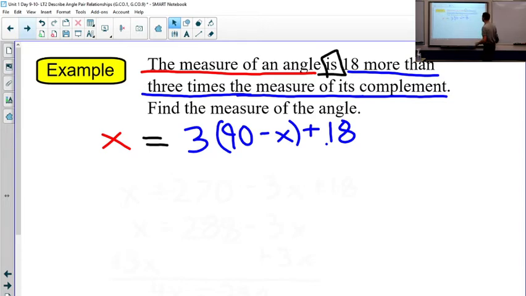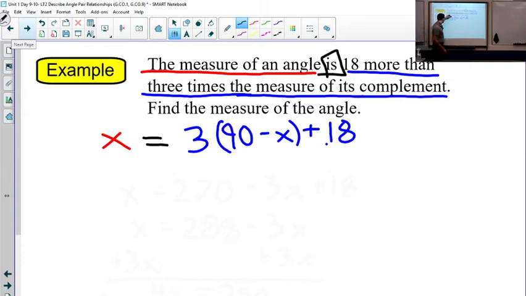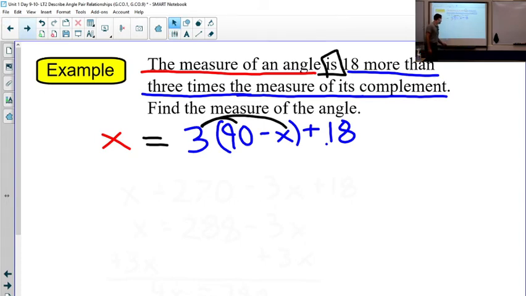All right, now let's solve it. The key thing for solving this one is that we want to distribute. We have 3 times this whole thing, so we want to distribute the 3 across here, and across here. 3 is multiplying both of these things. So we have a 3 times 90 here, which is 270.